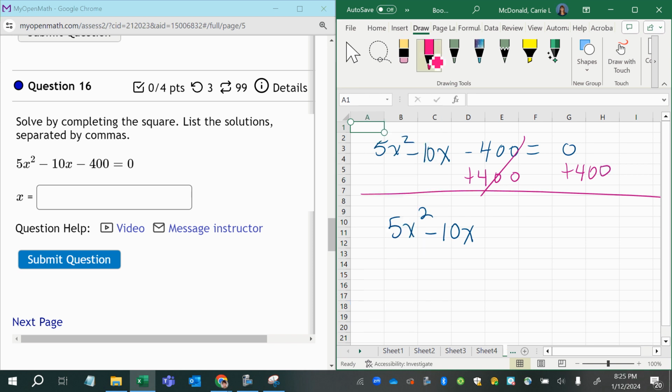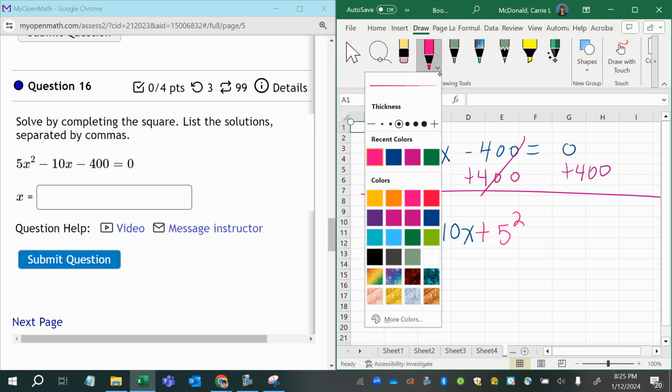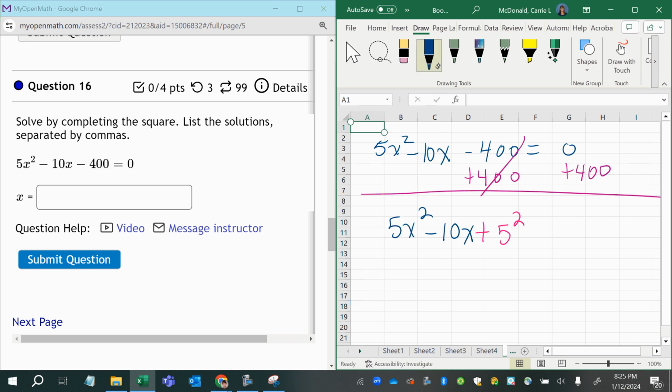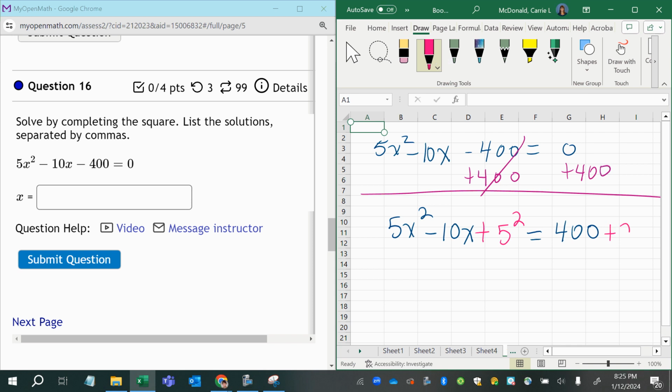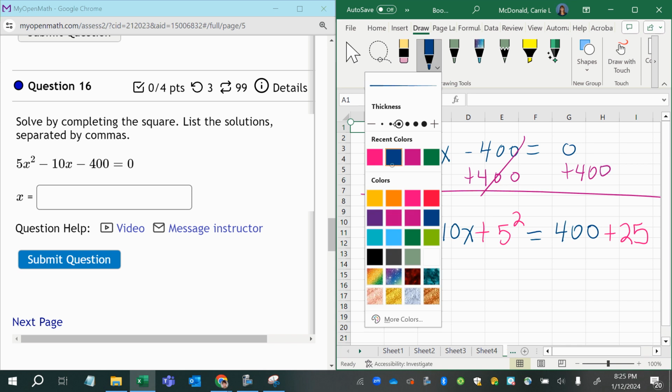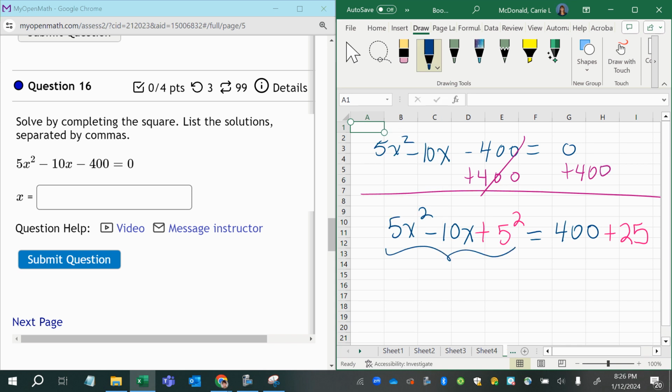I'm going to add 5 squared, and I've got 400 on the right side of the equal sign where I have to also add 5 squared, and I'm just going to add it as 25. 5 squared is 25.